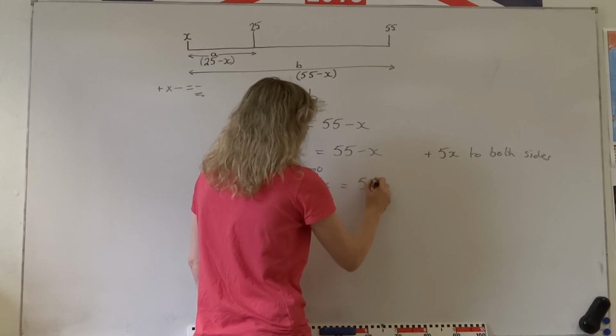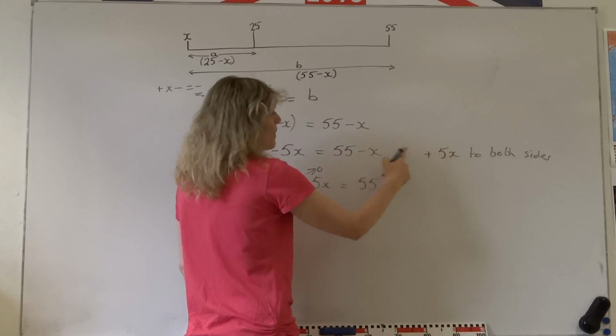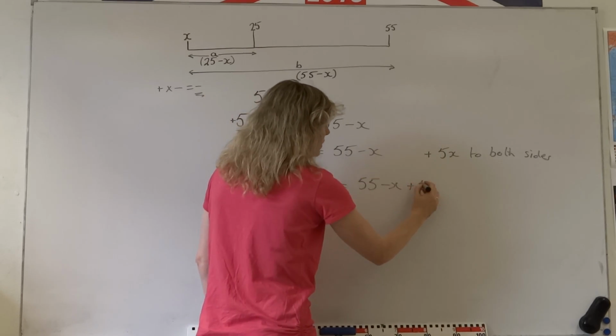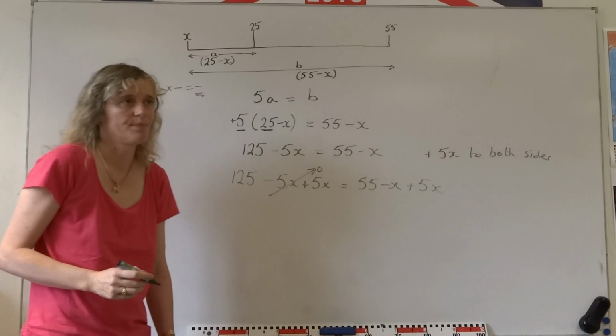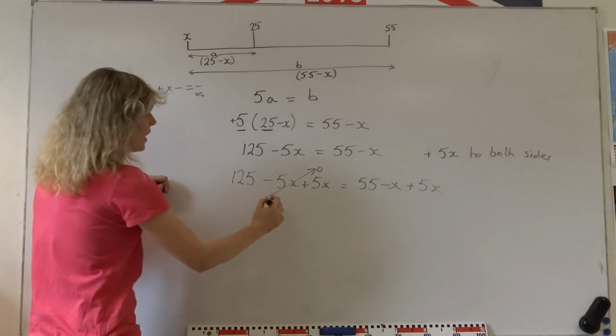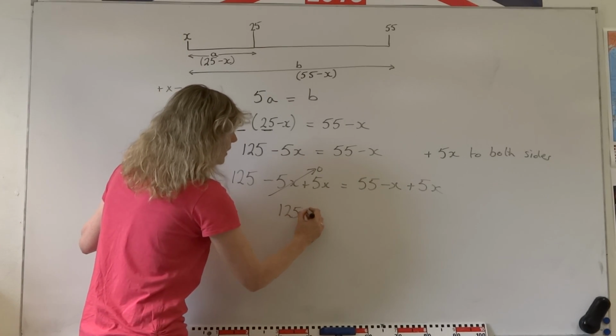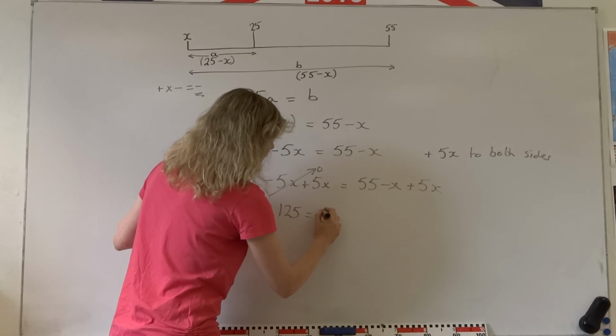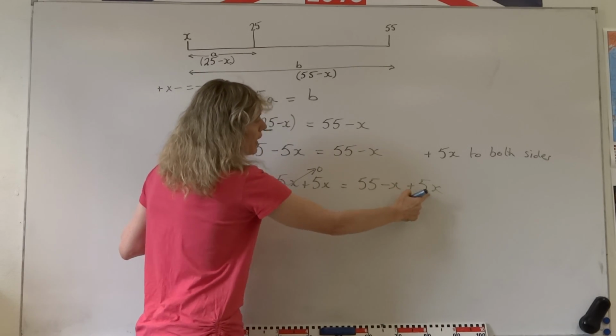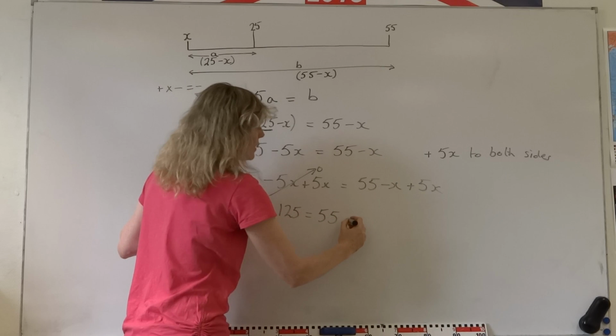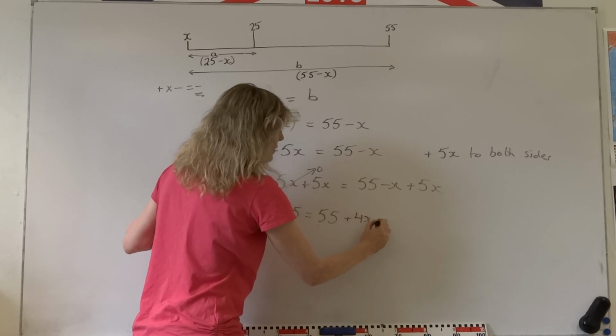Equals 55 minus x, but I'm adding 5x to both sides, so I do that. When I get that done, I have 125 equals 55 plus 5x minus 1x will give me plus 4x.